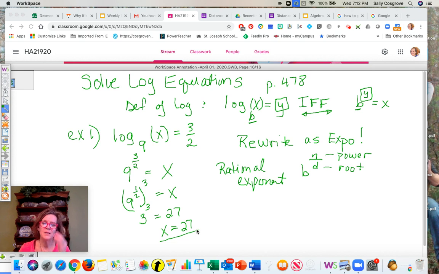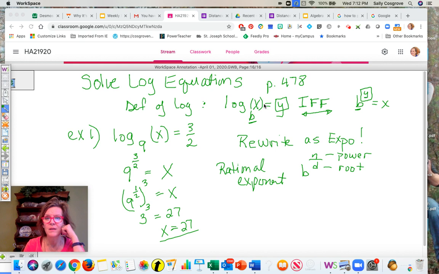All right, so let's go back and see what we did. How is this different than the expressions we looked at in the first lesson? Well, we now have equations, and our variable is not going to be over here. Our variable is going to be over here in the argument. So again, we will use the definition of log base b of x equals y, if and only if b to the y equals x.